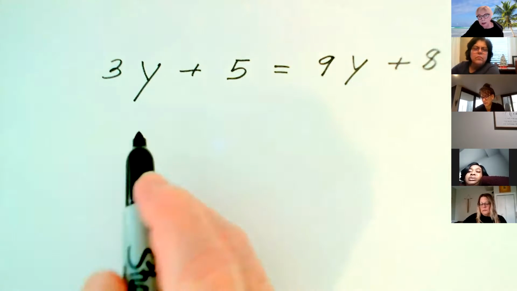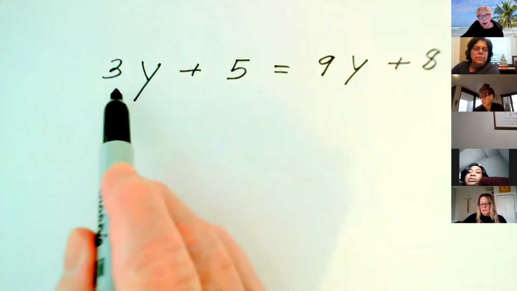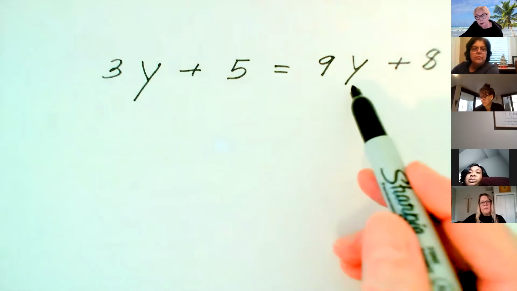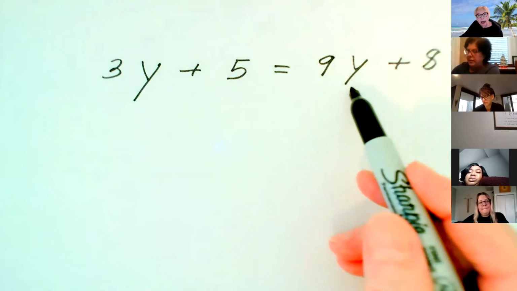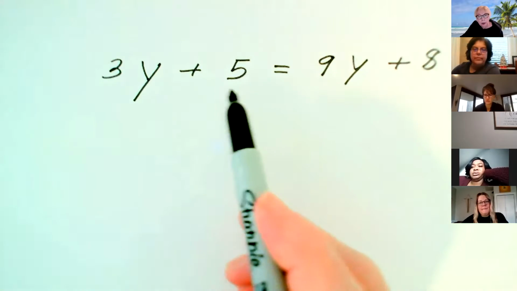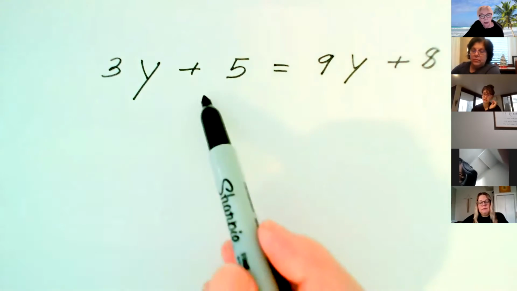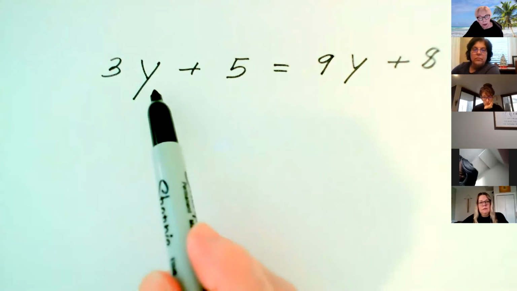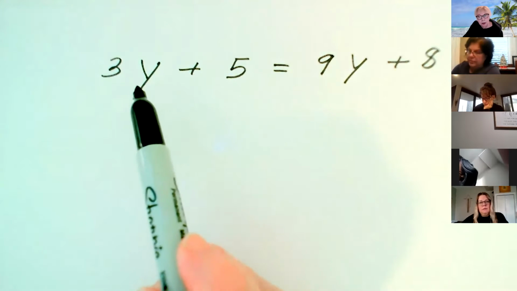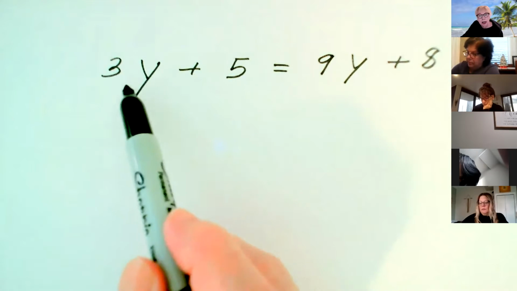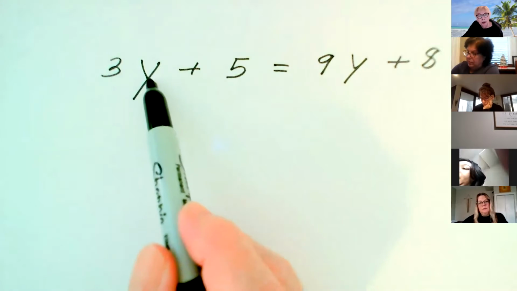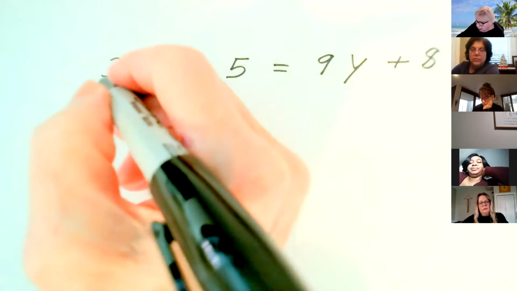And oh my goodness, we have 3y on the left and 9y on the right. And so what you want to do is get them to one side or the other. And I would take the smaller one out of habit. There's good reason for it. It avoids negatives. Take the smaller one, which would be 3y, and remove it.